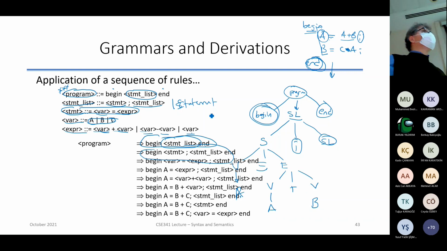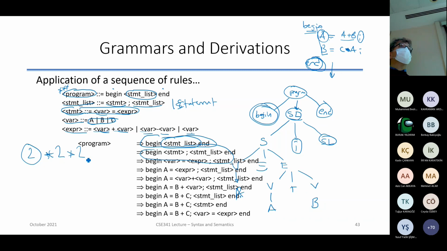Now, the problem with this is, if I don't have an easy way to resolve which way to go here, for example, let's say when I take this one, if I have two options, I have to try those two options. And then afterwards, if I have another two options, I'm going to have 2 times 2. After that, if I have another 2 options, I'm going to do this one.